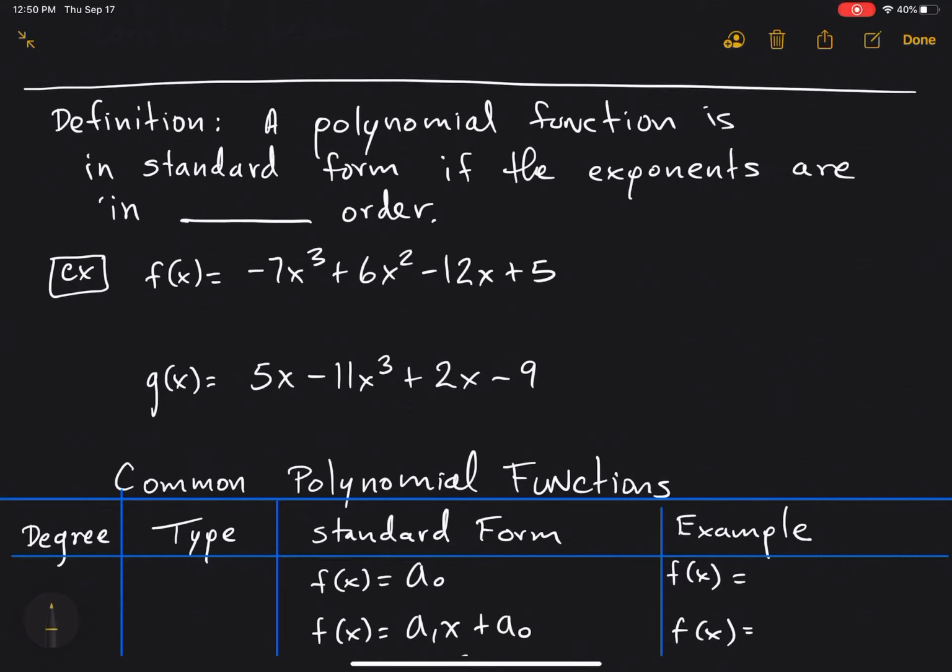Here's the definition. A polynomial function is in standard form if the exponents are in decreasing order.